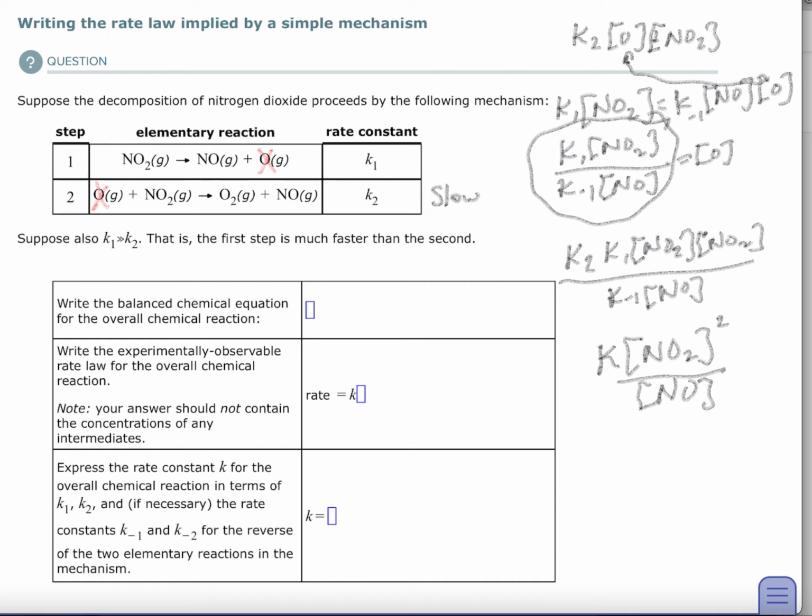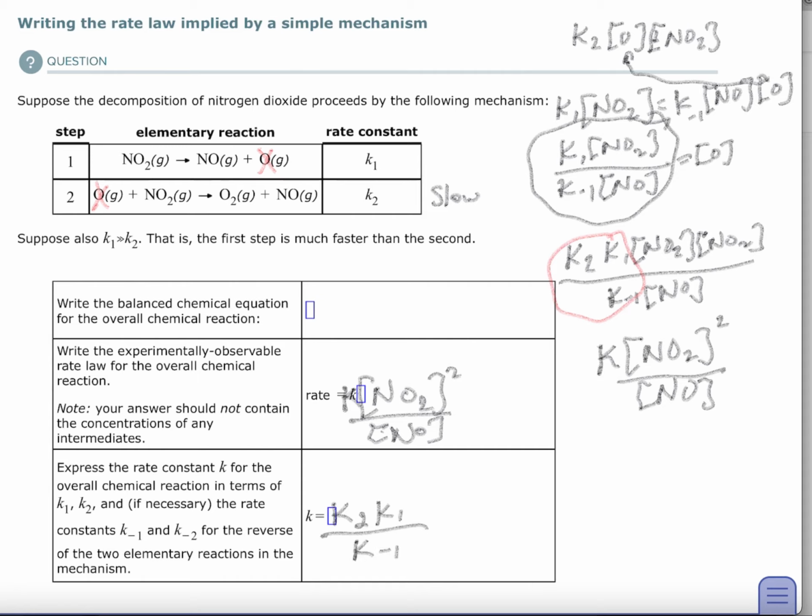So my second is going to be k times NO2 squared over the concentration of NO. Now they're asking, well, what does your k equal? And my k equals this. So my k is going to be equal to k2 times k1 over k minus 1.